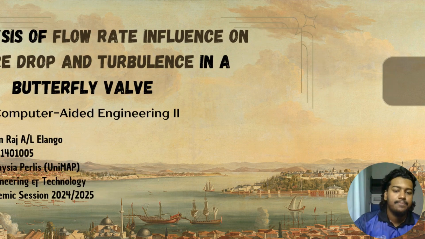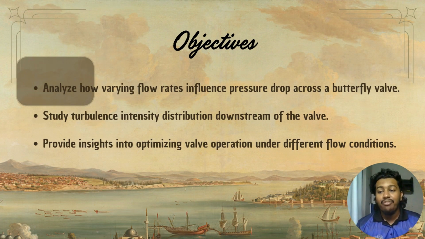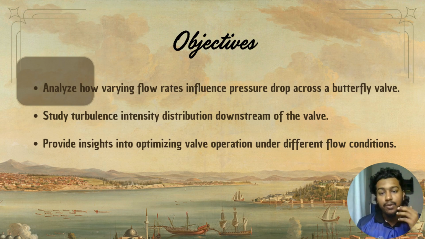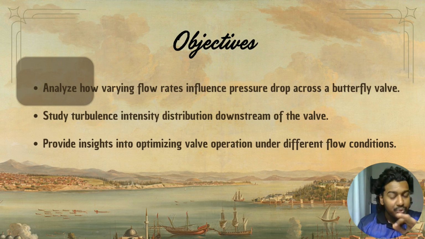Let's get started. Have you ever wondered how engineers balance efficiency and stability in fluid systems? That's where this project comes in. We had three main objectives. The first was to analyze how varying flow rates influence pressure drop across a butterfly valve.